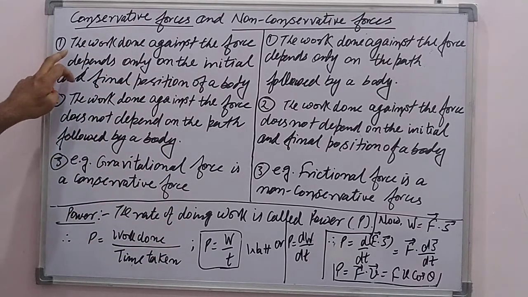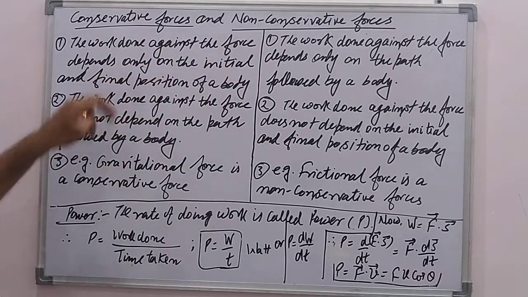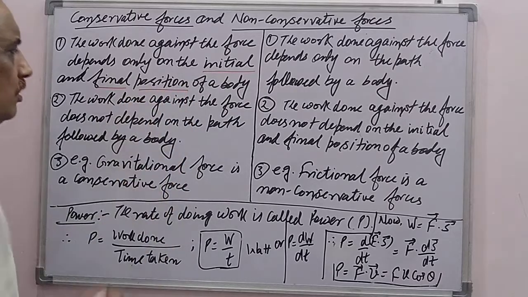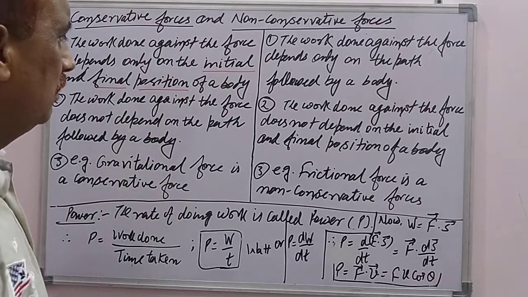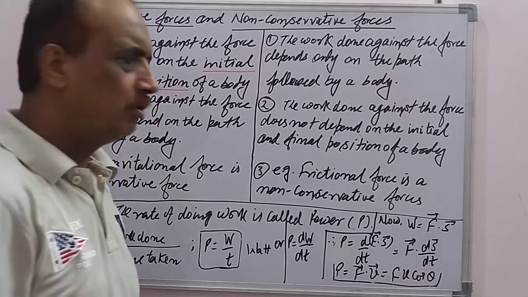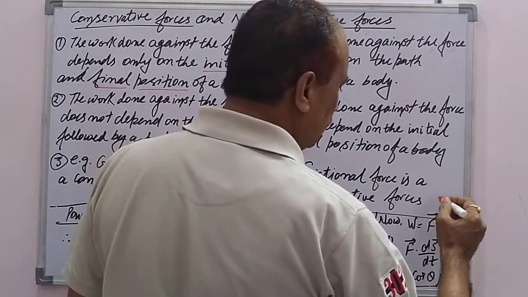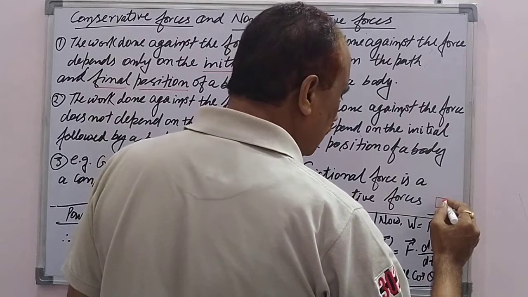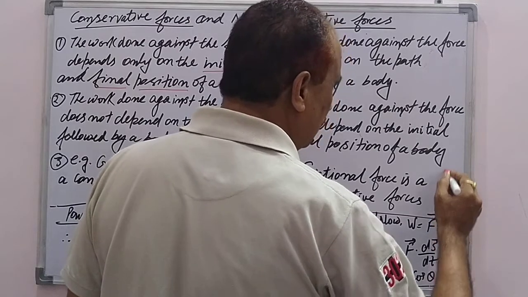So we start here the differences between the conservative and the non-conservative forces. The first point is the work done against the force depends only on the initial and the final position of the body. The meaning of initial and final position is that suppose this is the body, and it is placed at a certain height.